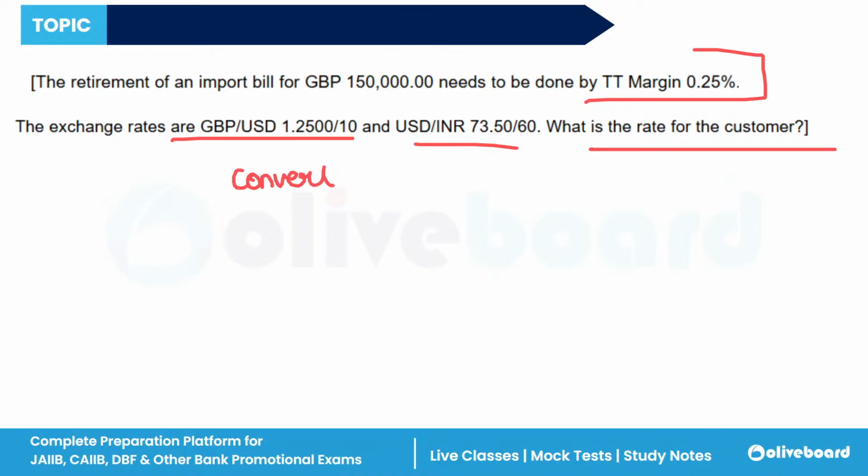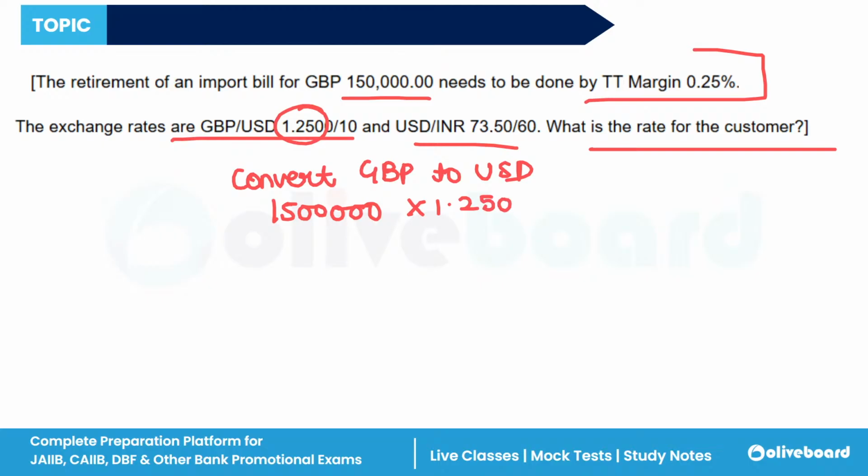First convert British pound to US dollar. So this is the amount. We have to convert this amount. So we have to take the buying rate only. So that is the buying rate. Right.